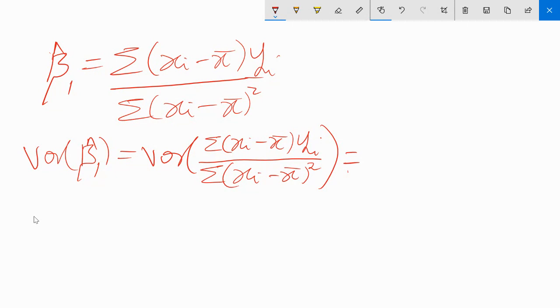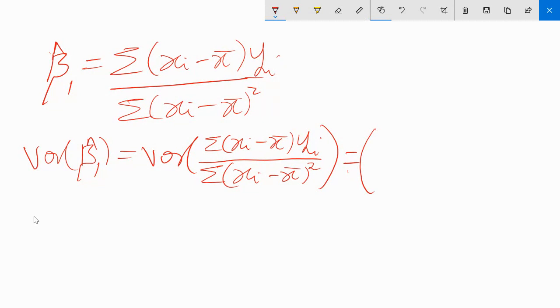A variance of a constant multiplied by a random variable is the constant squared multiplied by the variance of the variable. We discussed this on the first day, so if you forgot, go to what we covered on the first day.